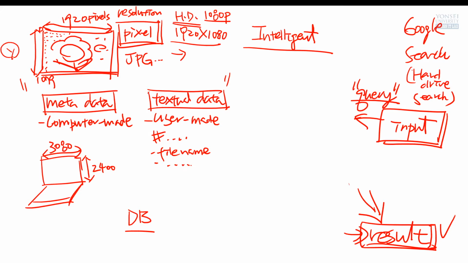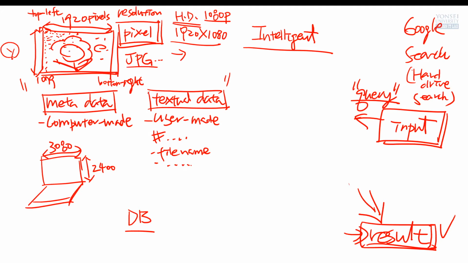So computers read one pixel by one pixel from top left to bottom right, until the last pixel. And then your screen, your laptop, can visualize your JPG file input.